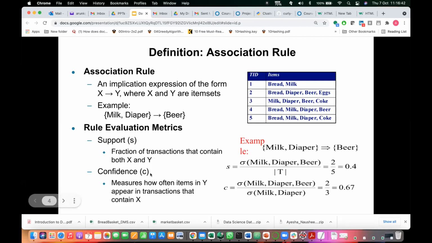Then the second part is confidence. It measures how often items in Y appear in transactions that contain X. First, we get the support count for the entire item set, X and Y combined. Then, whenever a transaction supports X, what is the probability that it also supports Y?